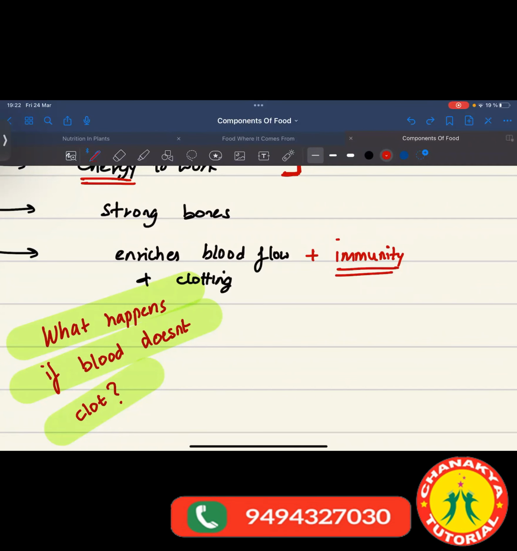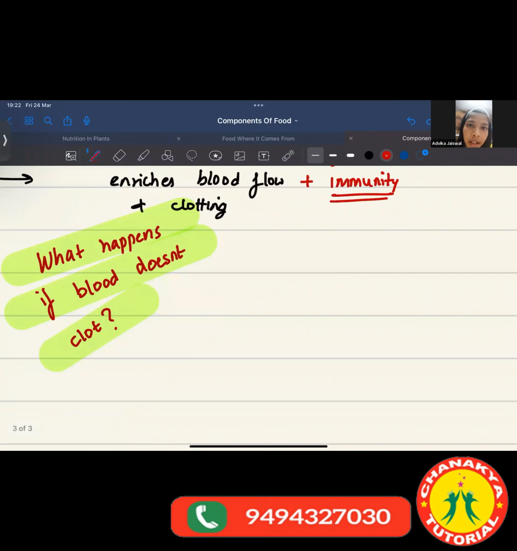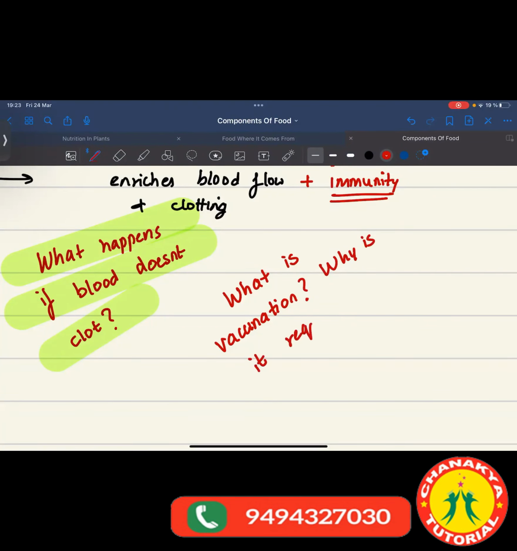What will happen if we don't have vaccination? Ma'am, if we took one vaccination for COVID, one vaccination is for a particular thing, to kill it from our body if it even causes it.